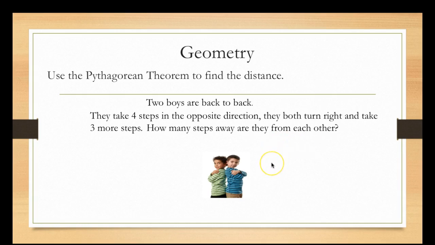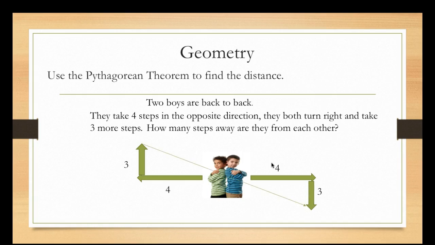Okay, so to solve this, let's look at a visual representation. If the two boys walk in opposite directions, and then they both turn right, that's his right, and that's his right, their distance is here.